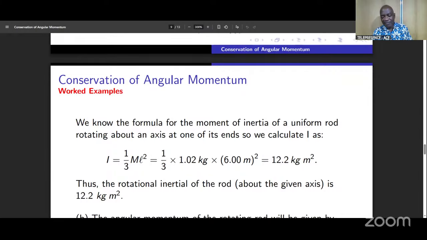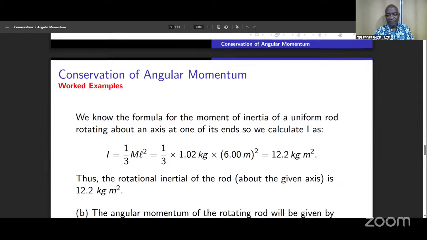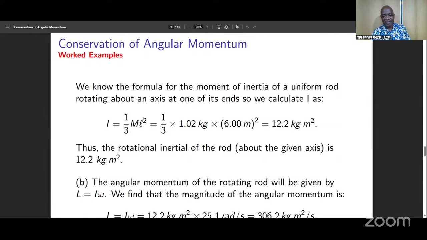So in this case, the mass is 1.02 kilograms and the length is 6 meters. When you do the calculation, you obtain 12.2 kilograms meter squared as the moment of inertia of the rod.